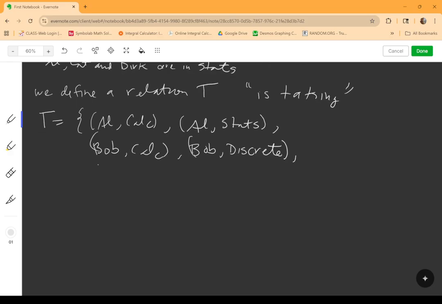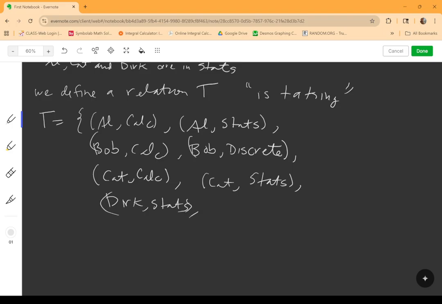Then we have Kat. Kat is in calc, again everyone except Dirk, and Kat is also in stats. Then Dirk is in stats. And lastly, we have Eva, who is in calc and in discrete.